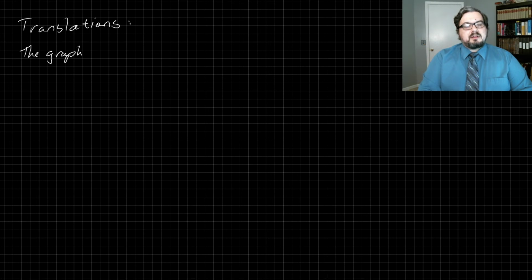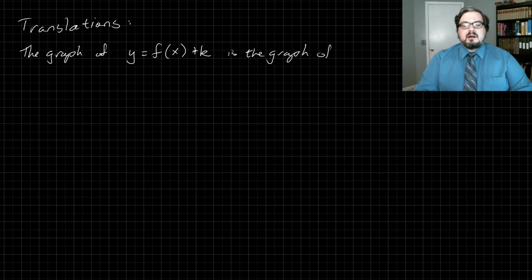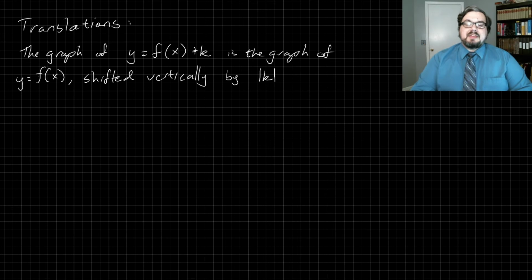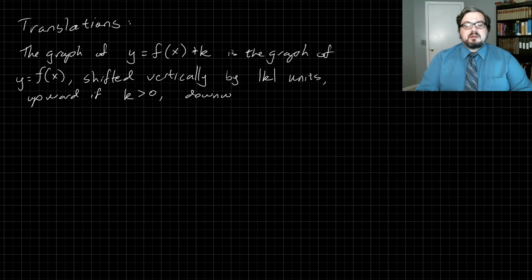The graph of y equals f of x plus k is the graph of y equals f of x shifted vertically by the absolute value of k units, and that shift is upward if k is positive, and downward if k is negative.